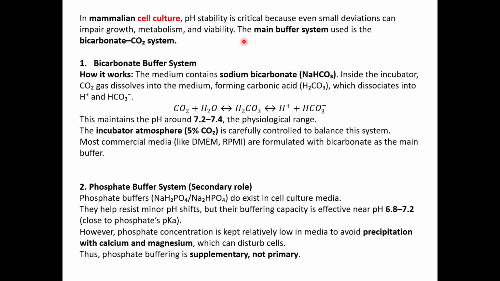So all these things can change the pH of the media. So we need a buffer system which will make the pH in the media stable and constant, and it can help in viability of the cells.